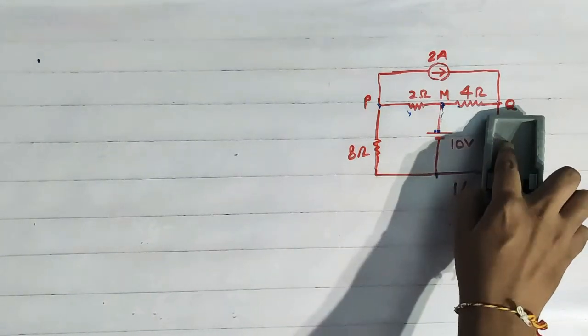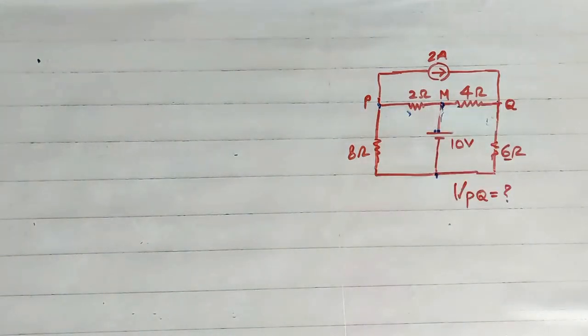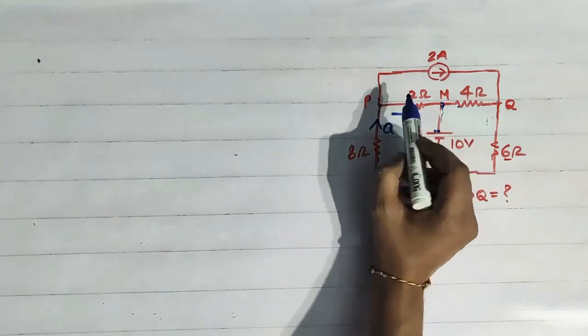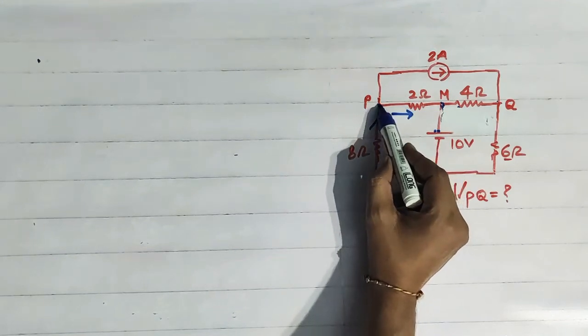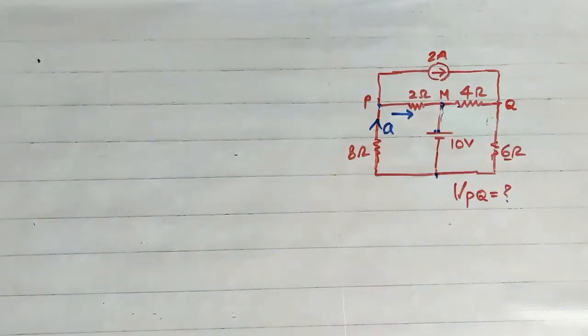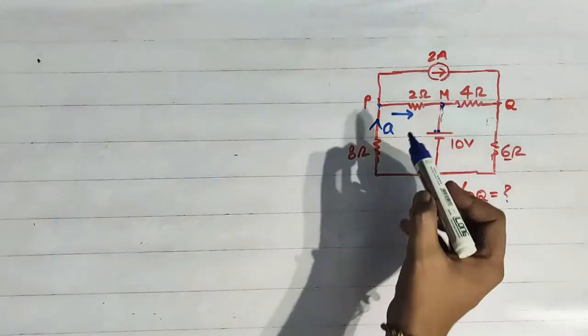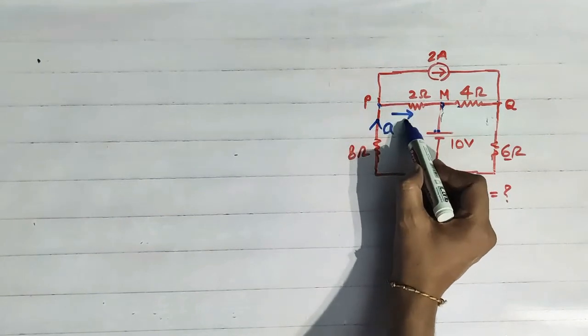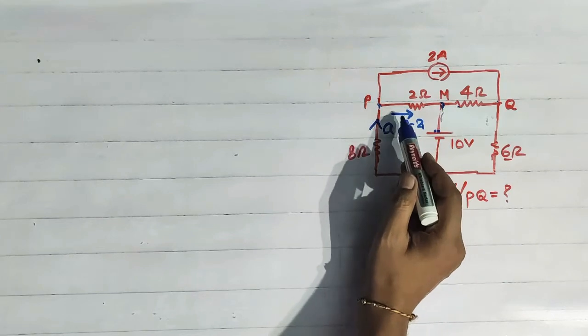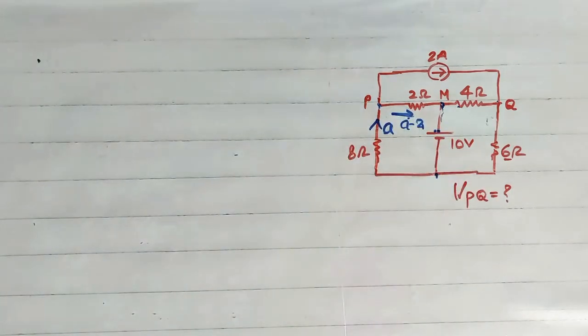So to solve this question by KVL and KCL, we have to assume currents. Suppose the current in this branch is A. This A enters node P, and this 2 ampere current leaves node P. That's why the current going through this 2 ohm resistor is simply A minus 2, because I have assumed the direction of current like this.